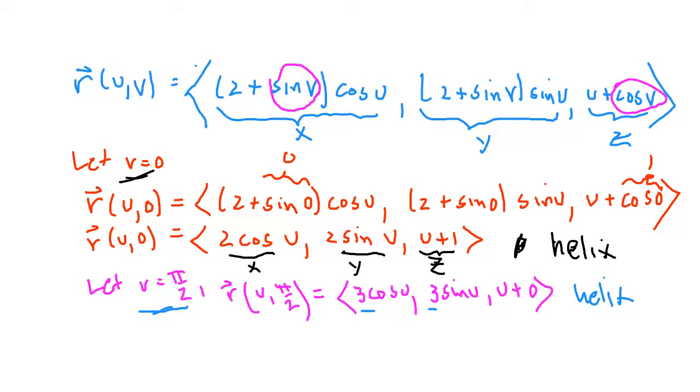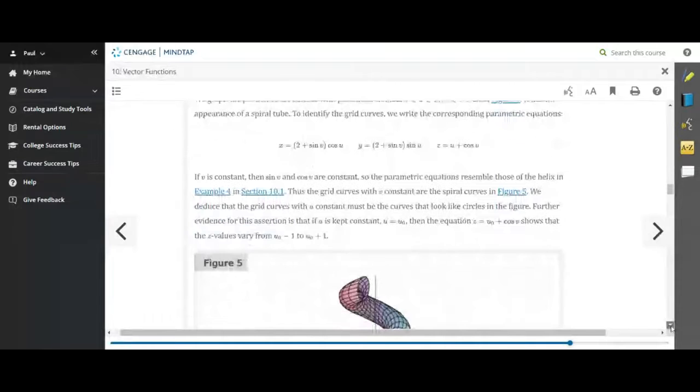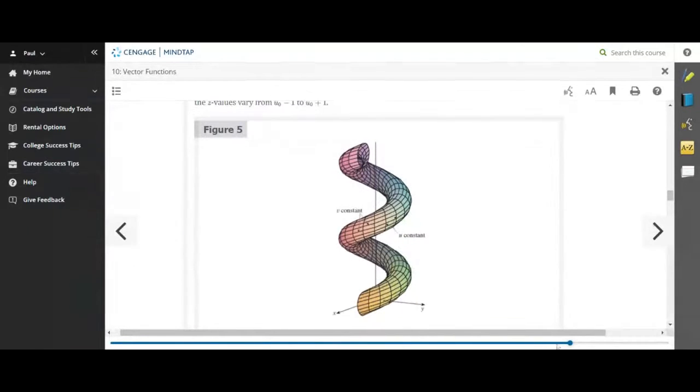What would it look like putting all these helices together? It would look something like that. You see on figure 5, and by the way, they are letting the domain u go from 0 to 4 pi and v go from 0 to 2 pi.